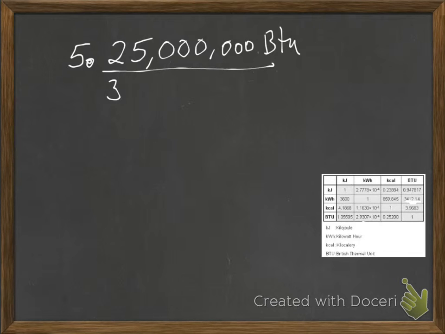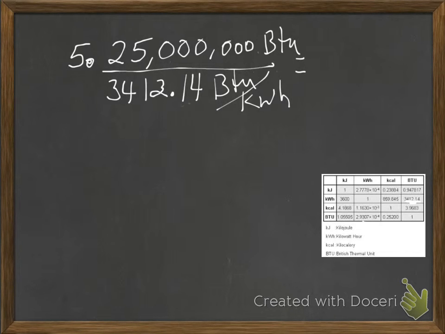And so that's 3,412.14, and that is my set for my BTU per kilowatt hour. And my answer will be in kilowatt hours. So that is how I set up my problem for problem number 5. And let's look at the next one.